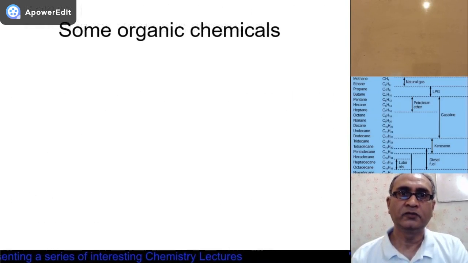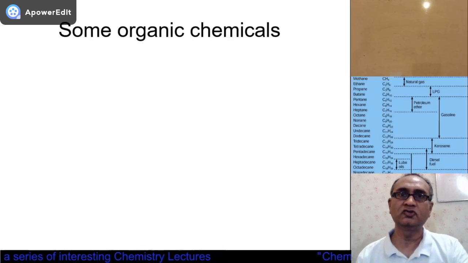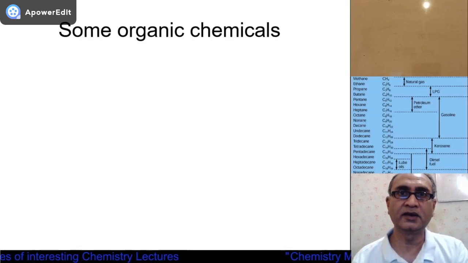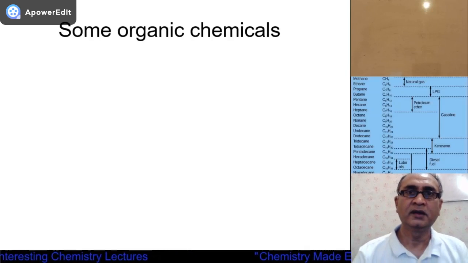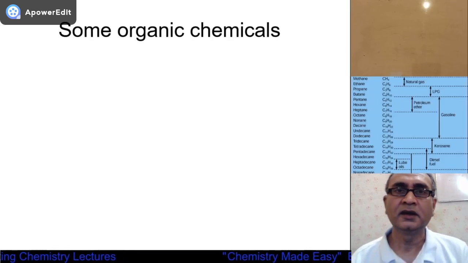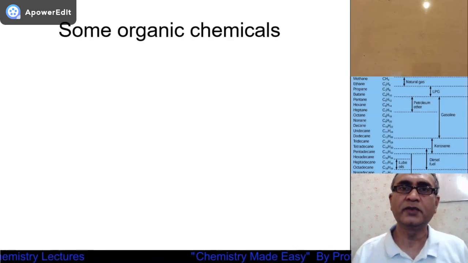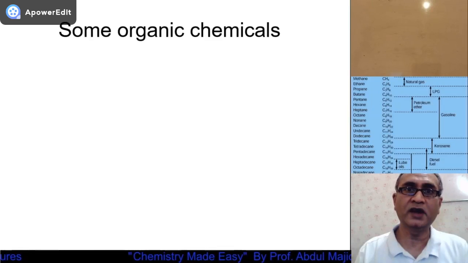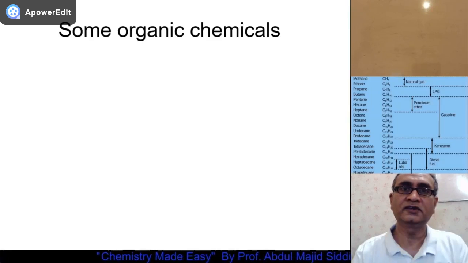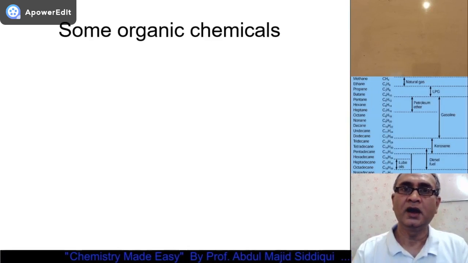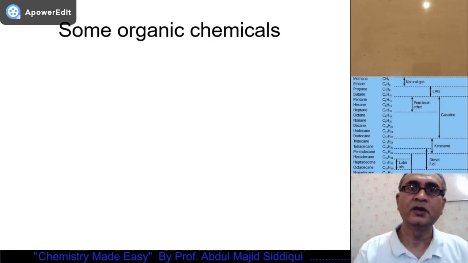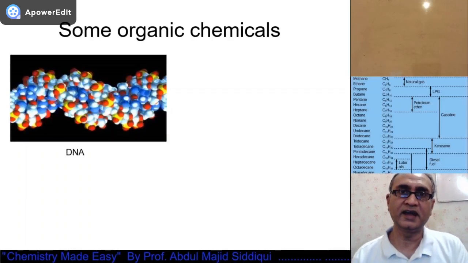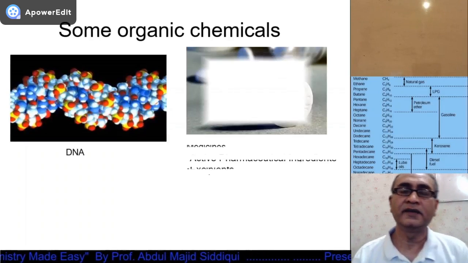but before this, I would like to show you some organic chemicals. We are continuously talking that carbon has an enormous number of compounds. So where are those compounds? All of such compounds of carbon are around us. Most of the things that we see in our daily life, in one way or the other, are compounds of carbon.